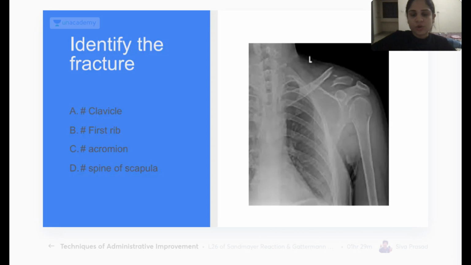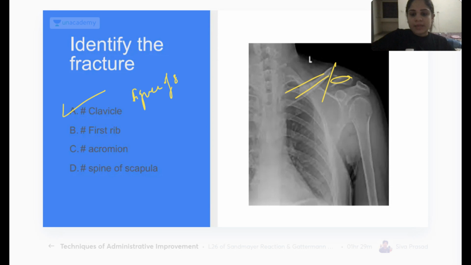Yes, very good. So all of you can identify over here. You have the medial 2/3 and the lateral 1/3 over here. Fractured. So this is fracture of the clavicle. What is the treatment in fracture of clavicle? Anyone? Yes, very good. You will give the figure of 8 bandage.